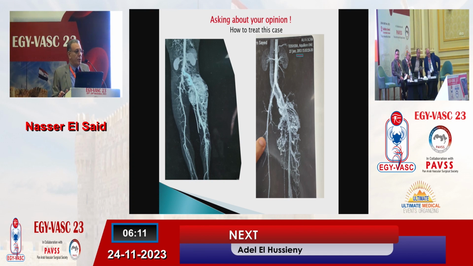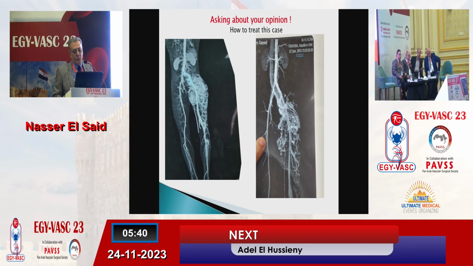So we decided to quickly try to do skeletalization of the iliofemoral arterial segment in stages. As you know, skeletalization means complete dissection of the artery from its surrounding tissue to make sure you are ligating all the feeders connected to this horrible malformation.